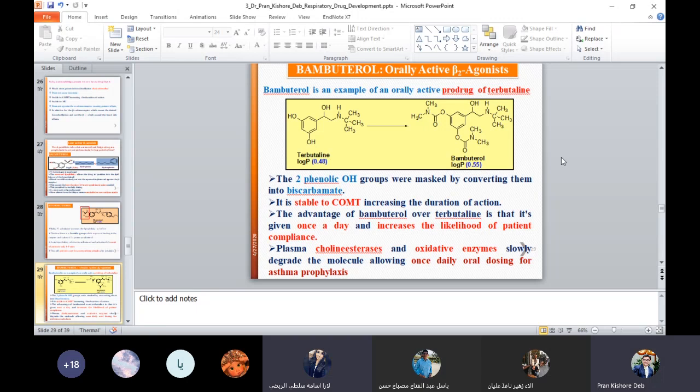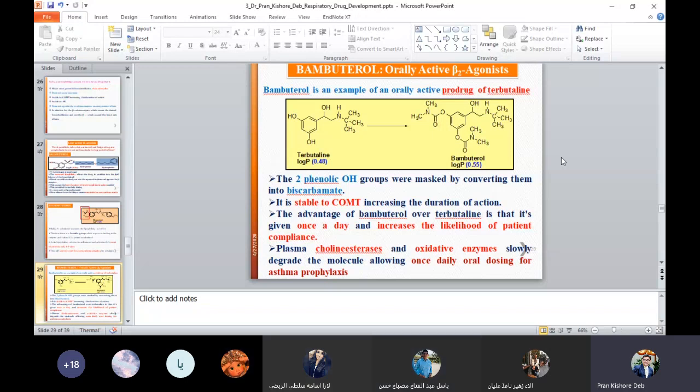Yes. One of the common disadvantages is that it cannot be given to a patient suffering from hepatic insufficiency. Based on this concept, I can simply ask: which of the following respiratory drugs cannot be given to a patient suffering from hepatic insufficiency? What should be your answer?